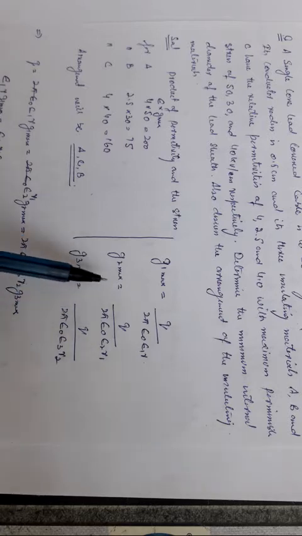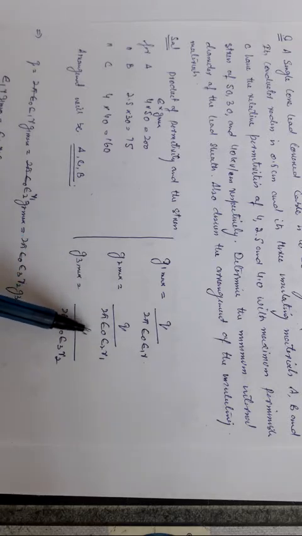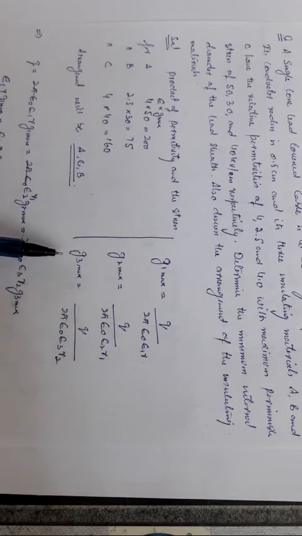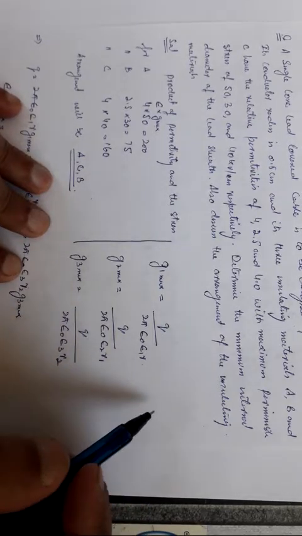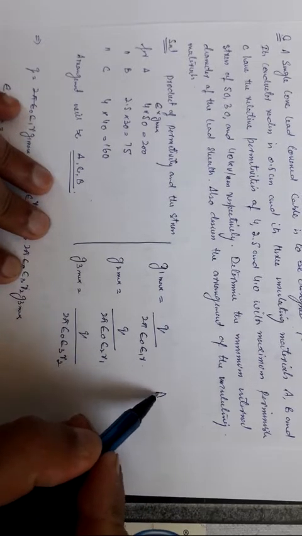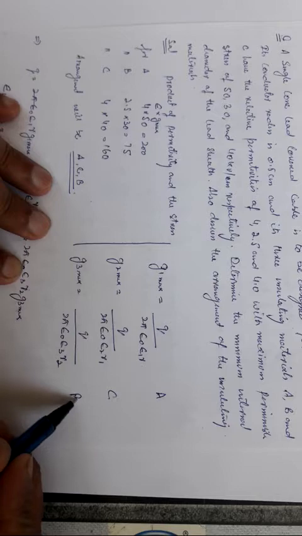So G2 max will be Q divided by 2 pi epsilon naught epsilon 2 into R1, where epsilon 2 is the permittivity of the second material. Similarly, G3 max will be Q divided by 2 pi epsilon naught epsilon 3 into R2. This equation is for the dielectric material A, this for C, and this for B.